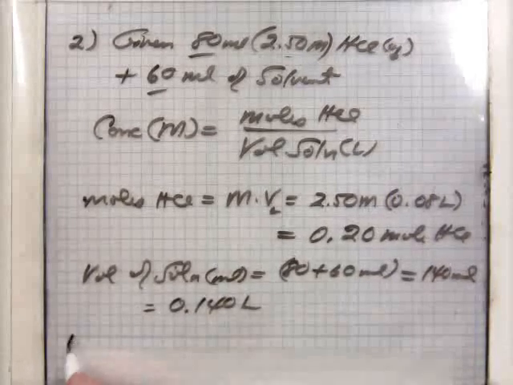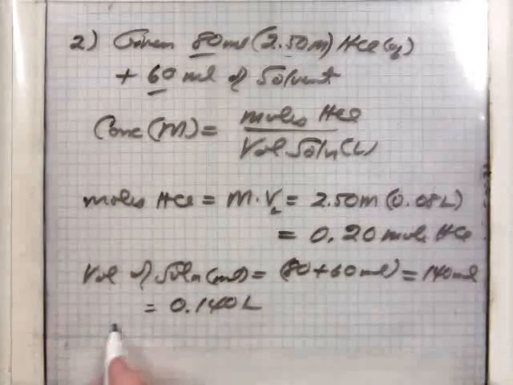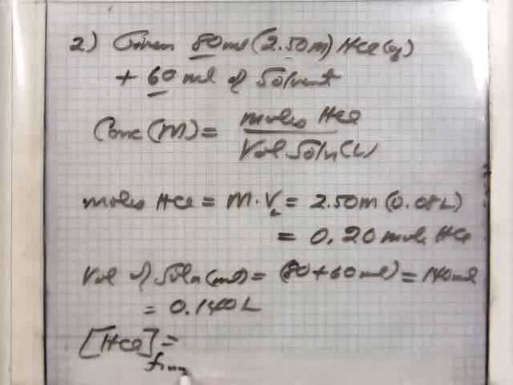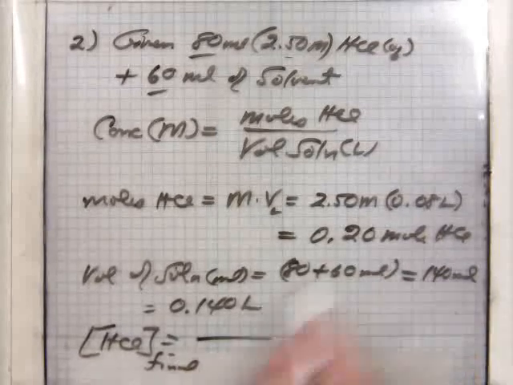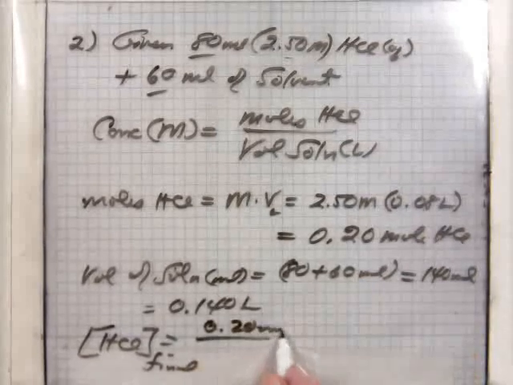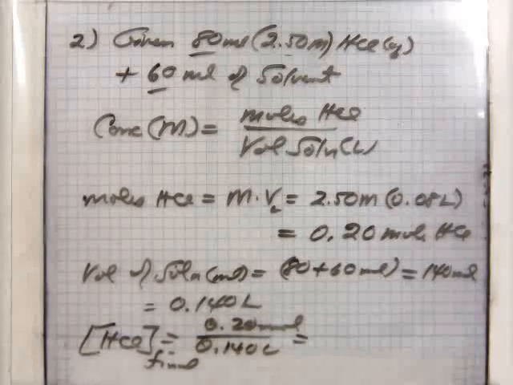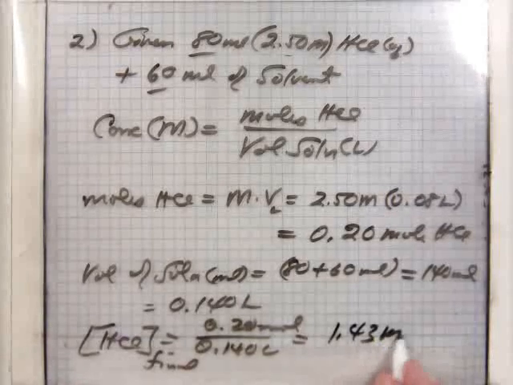So now the molarity, I'll use the brackets, HCl final, is moles, which is 0.20 mole over 0.140 liters. And that's a 1.43 molar solution.